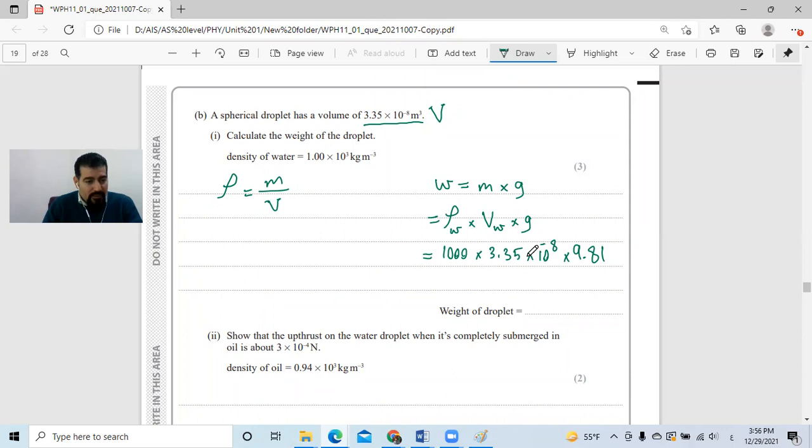We can rearrange the formula. Yes, of course, we can do that. Is this the upthrust? Yes, but the upthrust uses the density of the fluid, the oil. Now here we are talking about the density of the water. Okay, so it will be 3.35 times 10 to the power of negative 8. How much is the answer?